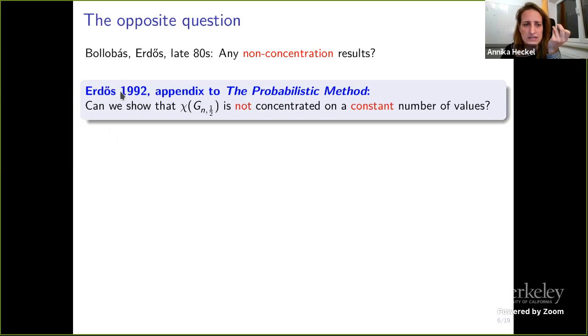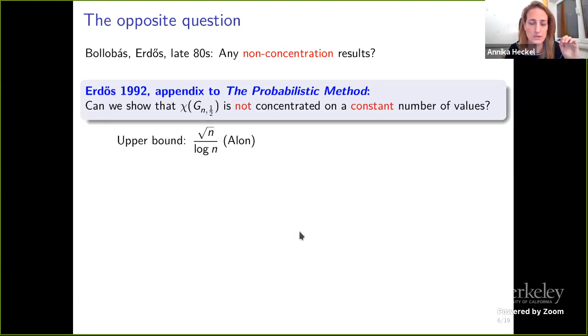So the earliest reference to this in print I could find was from 92. There Erdős focused on the random graph G(n, 1/2) and asked, can we show that, at least for this dense random graph, the chromatic number is not concentrated on a constant number of values? And if you recall, the best upper bound on concentration here is root n over log n.